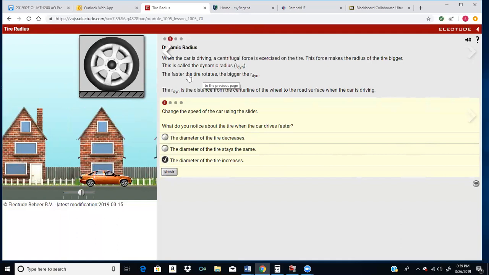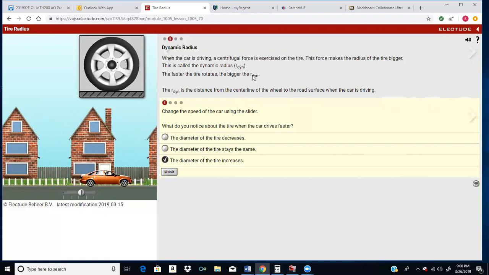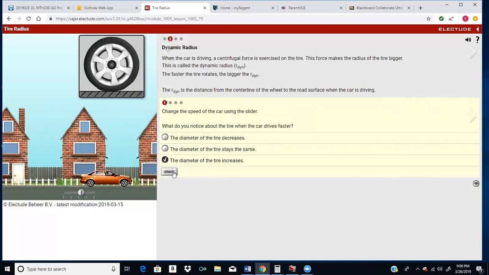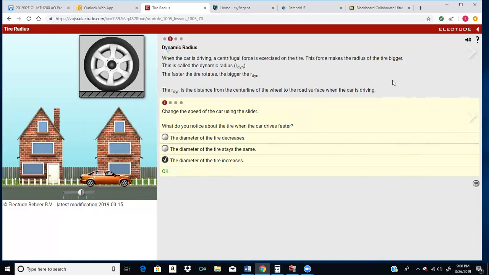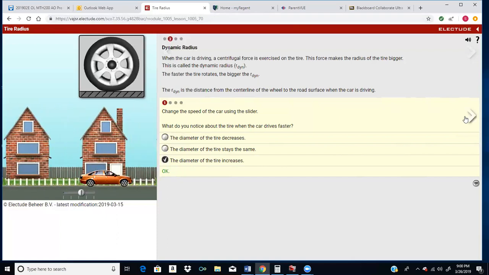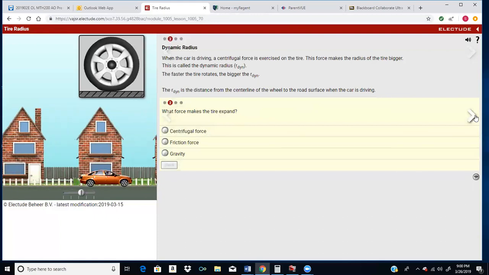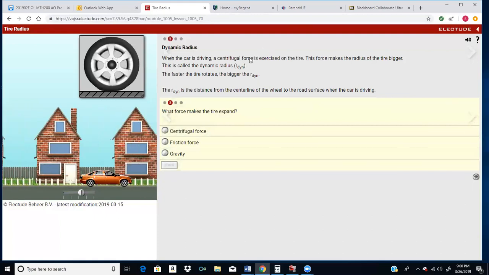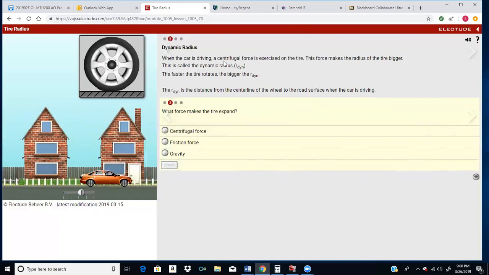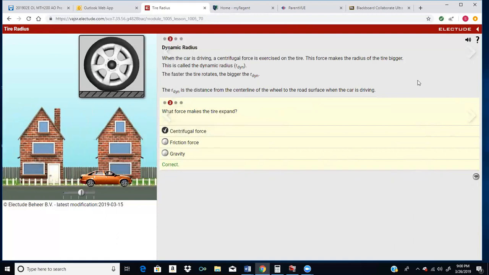All right, so it says the faster the tire rotates, the bigger the radius here. And so if we're talking about the diameter, the radius and the diameter are related. Okay. And then it says what force makes the tire expand. Okay. And so here it says when the car is driving, the centrifugal force is exercised, and then it makes the tire bigger. So I was just asking you to read and check.